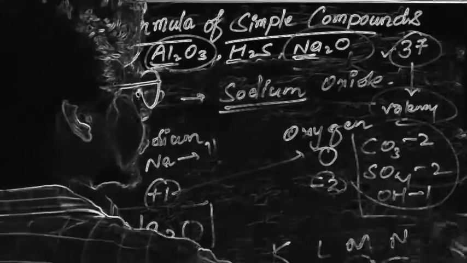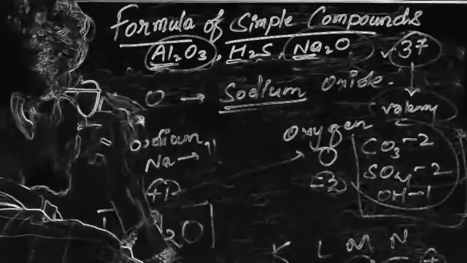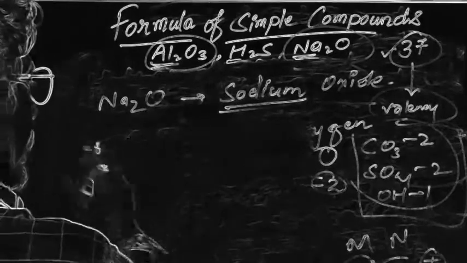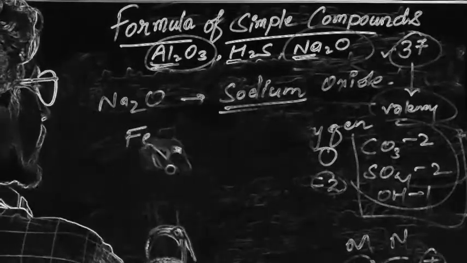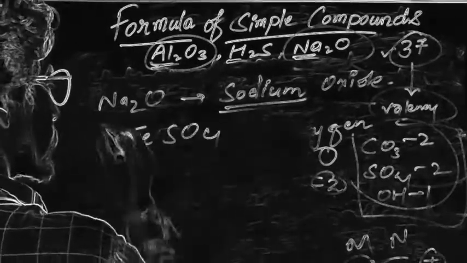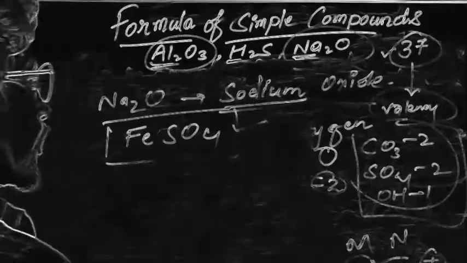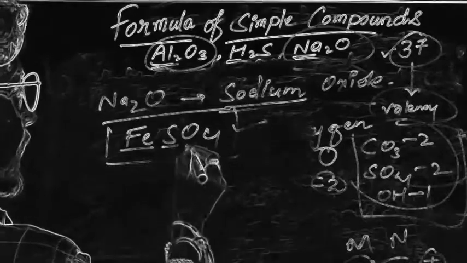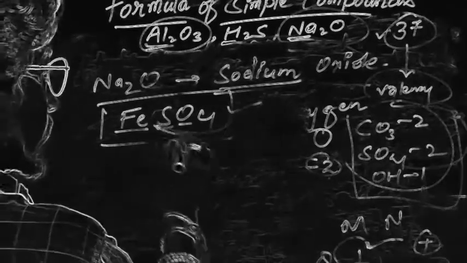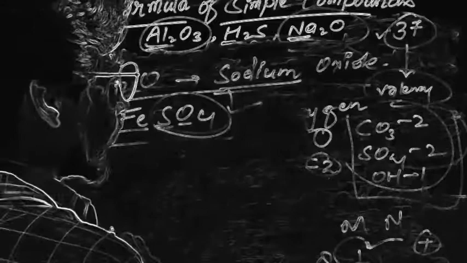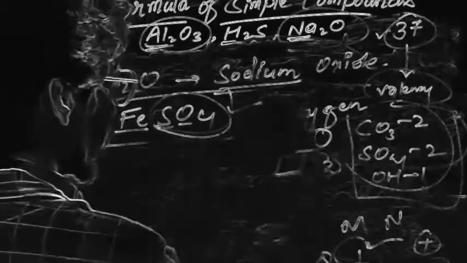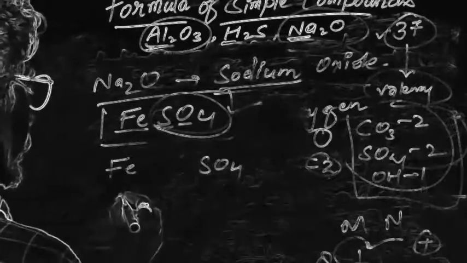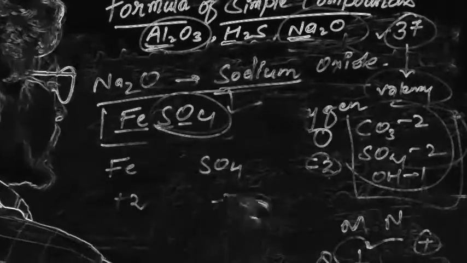These are mentioned and you should be knowing, because suppose we take an example, ferrous sulfate, that is FeSO4. Can you make the chemical formula of this? No, because here Fe is one element, sulfur, then oxygen. But sulfate is one particular compound and it has valency -2.